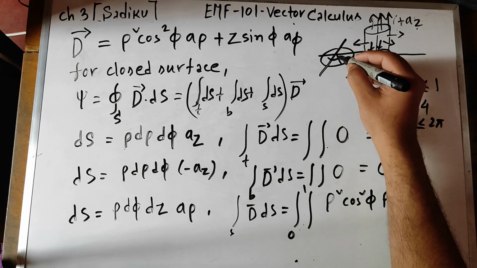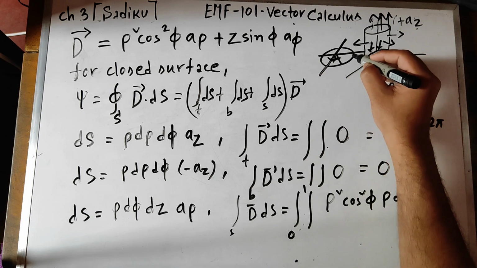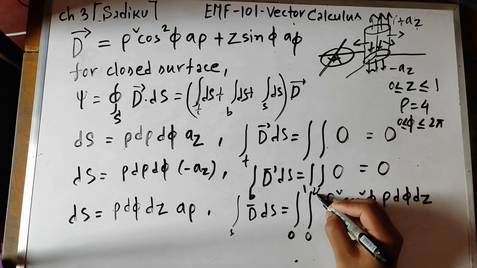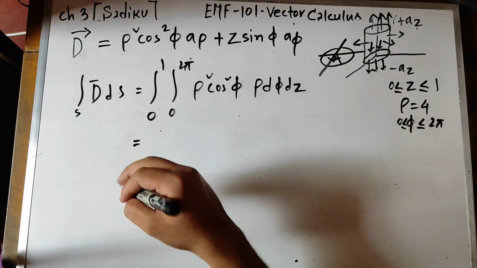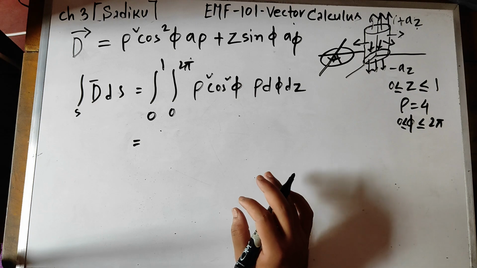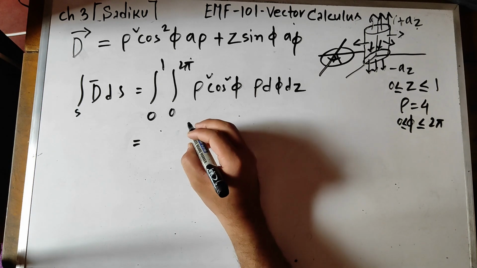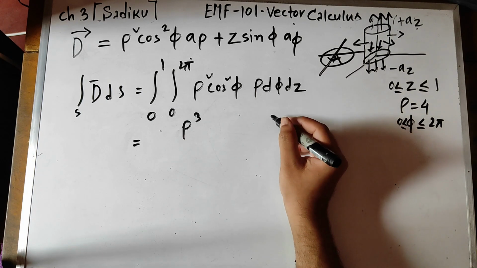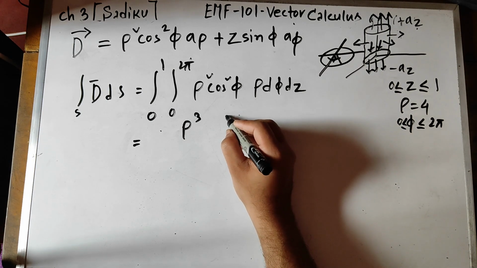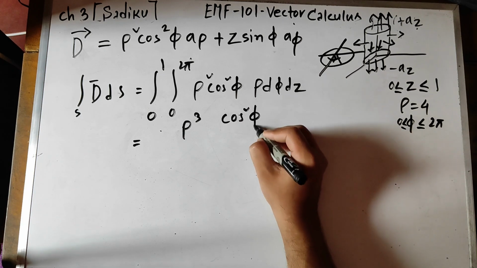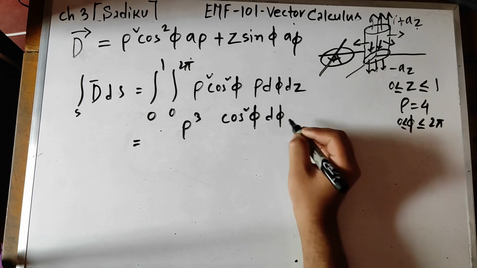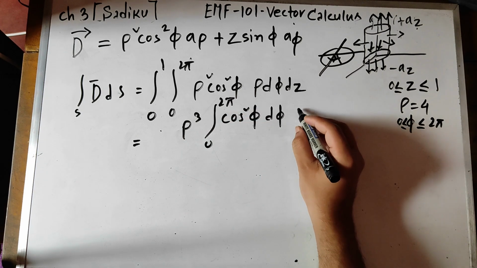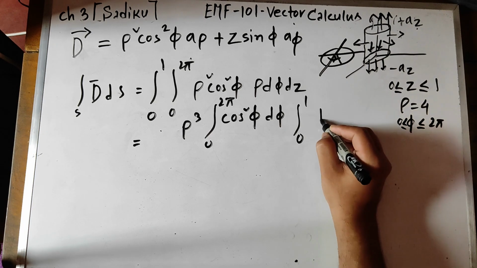So this is phi, and phi is spreading the full circle, so 0 to 2 pi. If we just calculate this, we have rho cube, cos square phi d phi from 0 to 2 pi, and dz from 0 to 1.